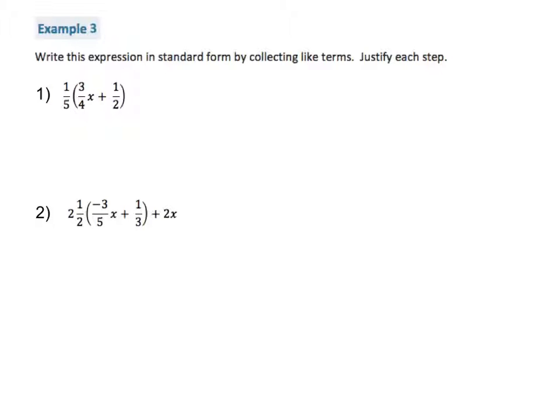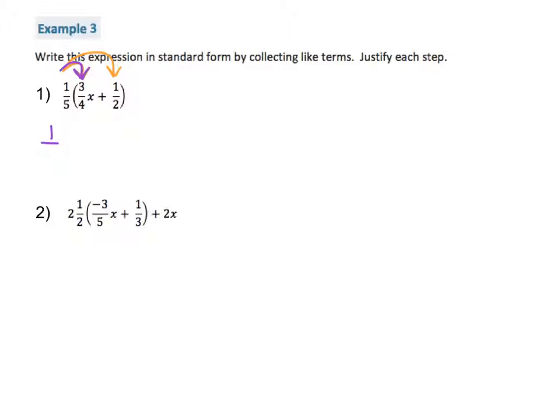Next, in example 3, we have to write our expressions in standard form by combining like terms. So essentially, do what we've been doing, we just have fractions. So remember, whenever we see parentheses, we want to distribute first. Okay? So I am going to be taking on my first arch in purple.